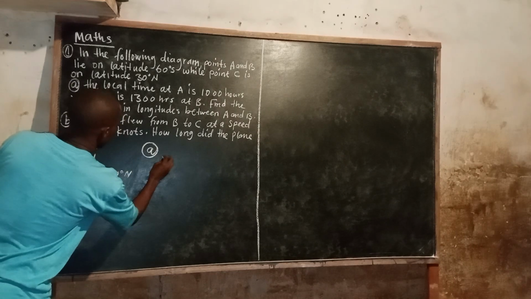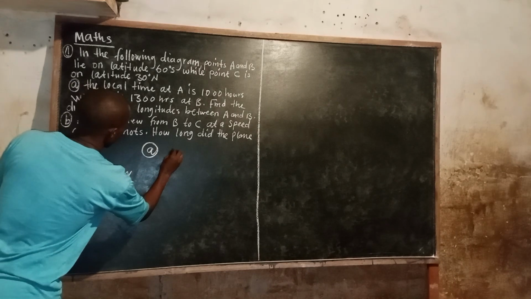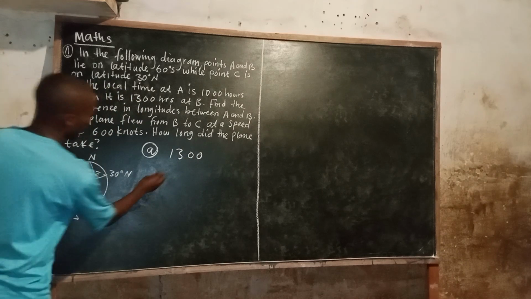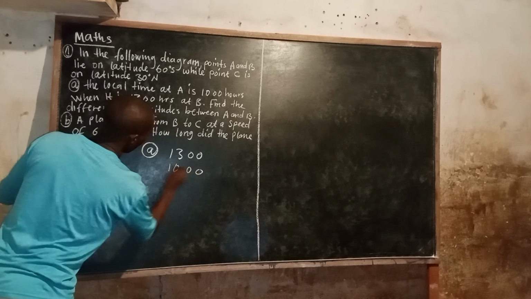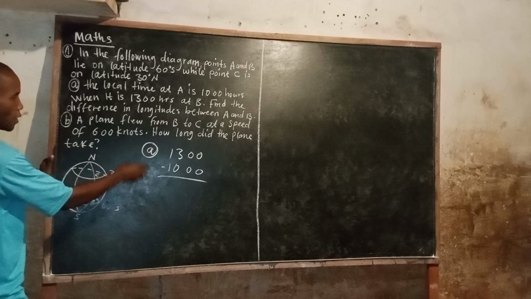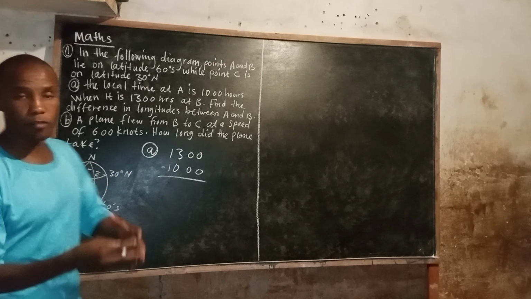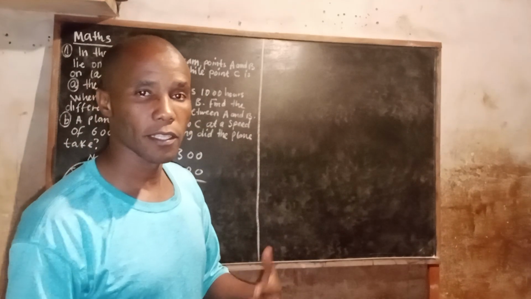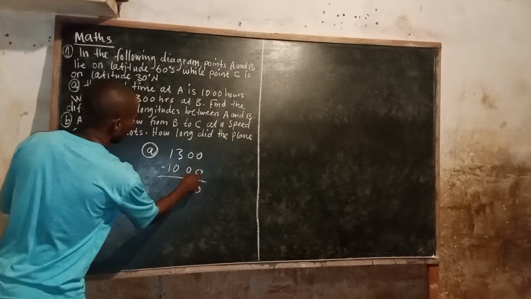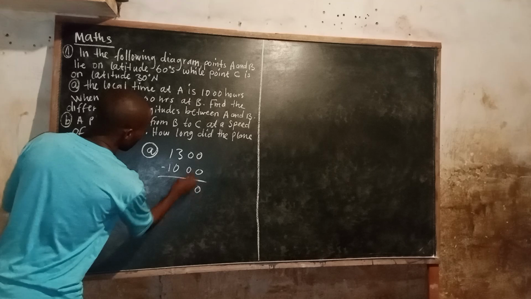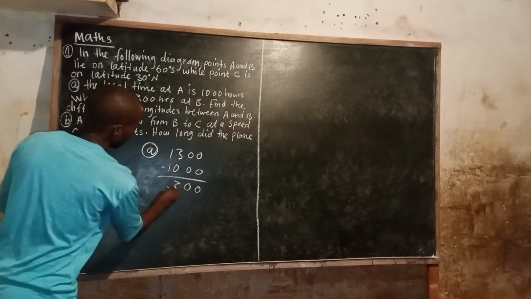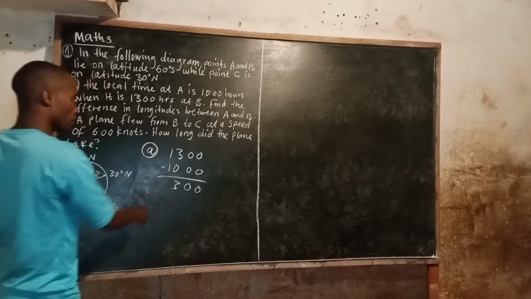We are going to say 13 hours at point B minus 10 hours at point A. The answer that you are going to get is the difference between these 2 points in time. 0 minus 0 is 0, then 3 minus 0 is 3, then 1 minus 1 is 0.